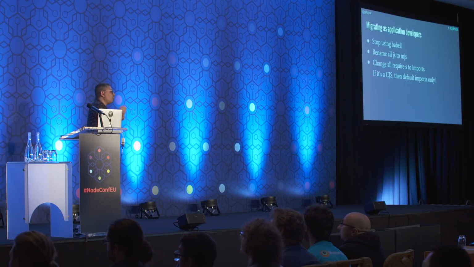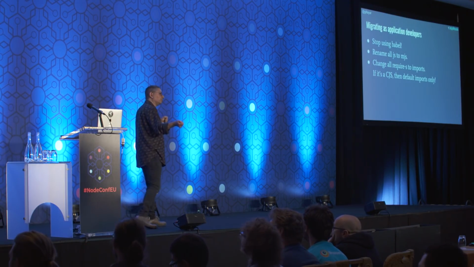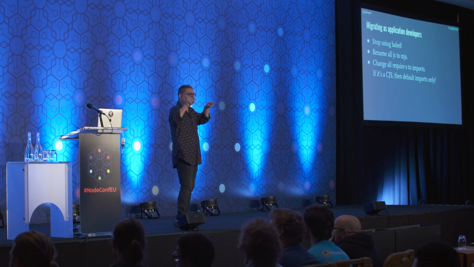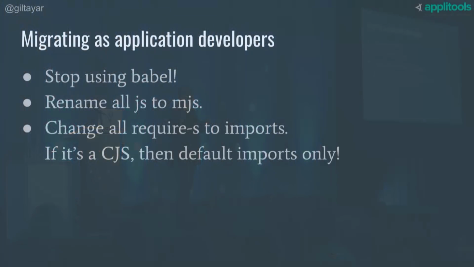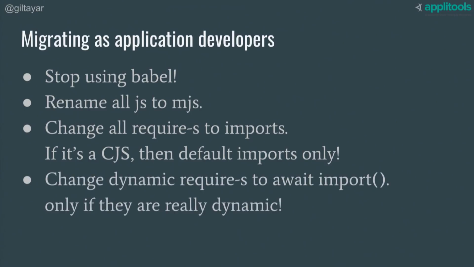But if you're importing a CJS module, you have to change those named exports, those destructuring, to a default import, and that's not nice, but it's possible. And if you have dynamic requires, you must change them to await import.